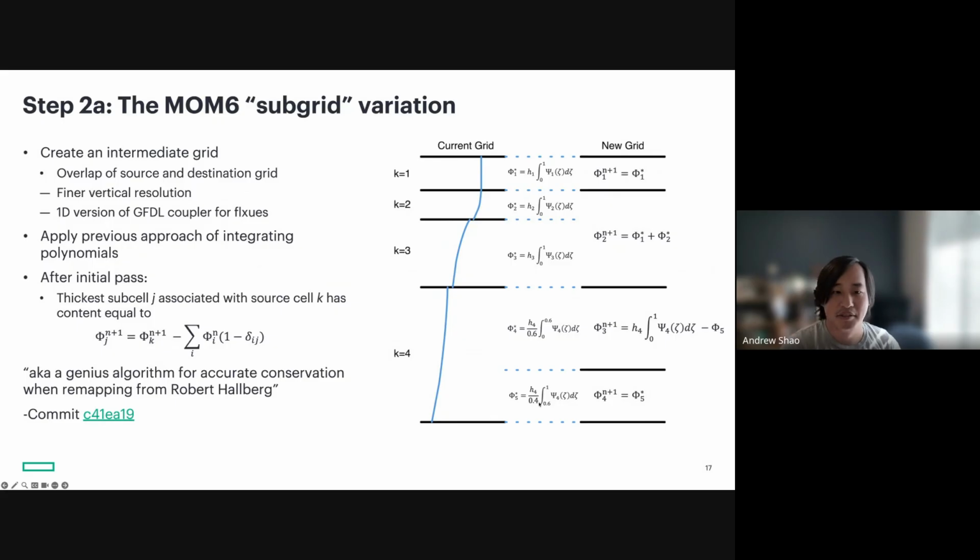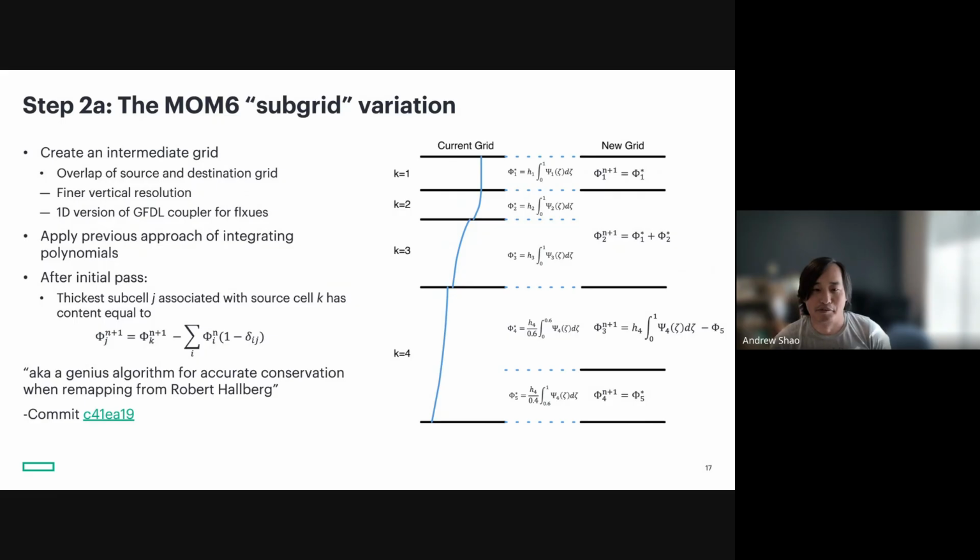Now we're going to modify this so that the thickest cell in the destination cell that still maps onto this one, that overlaps the most, is not actually the direct integral formulation. What it actually is is the difference between the tracer content of the source cell minus the sum of every other layer that connects to that source cell. In this particular way, we are ensuring direct conservation of the total tracer content when you map from one source cell to another one.